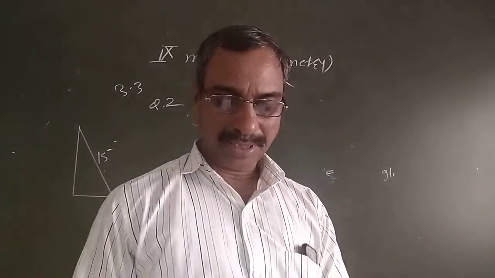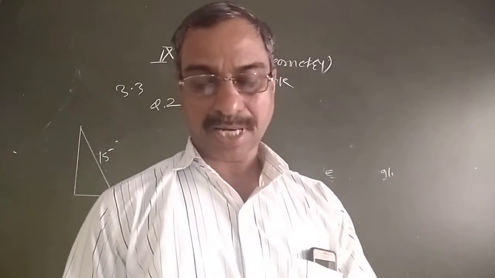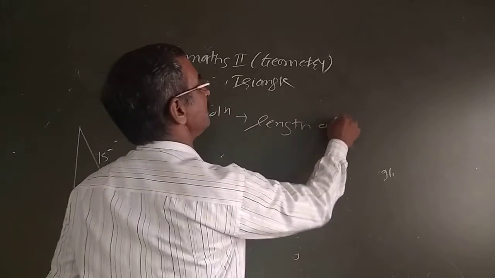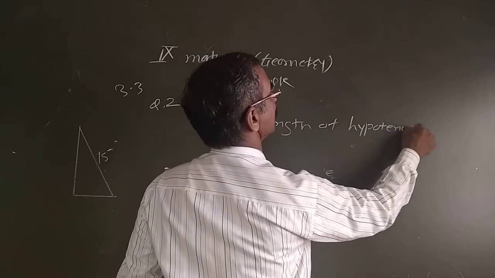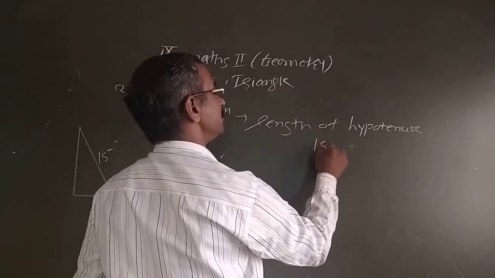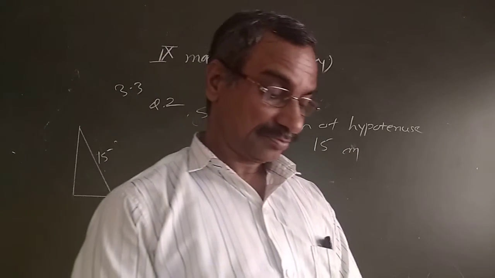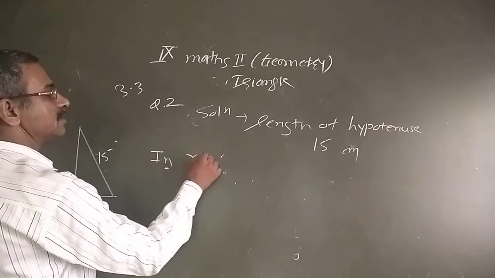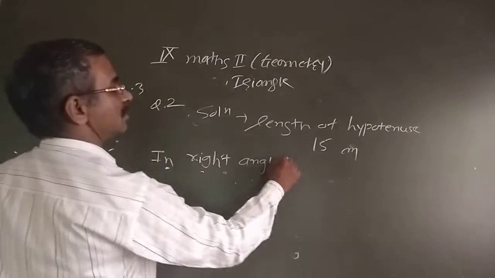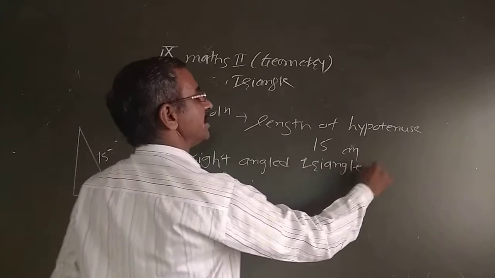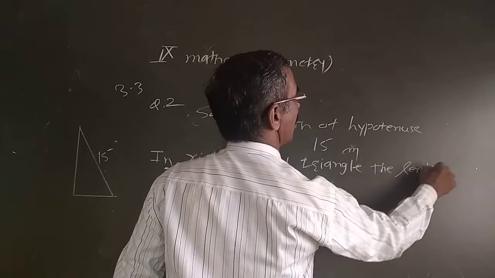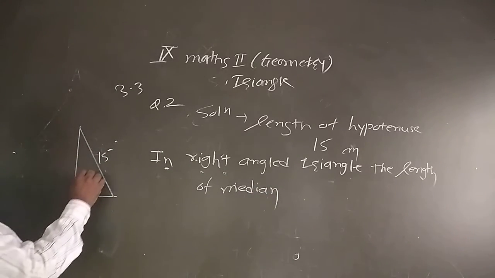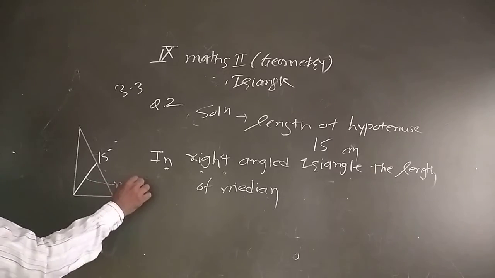By using the properties of the theorem, the length of the hypotenuse of the right angle triangle is given as 15 centimeters. Then in a right angle triangle, by using this property, the length of the median, this is the median of the right angle triangle.